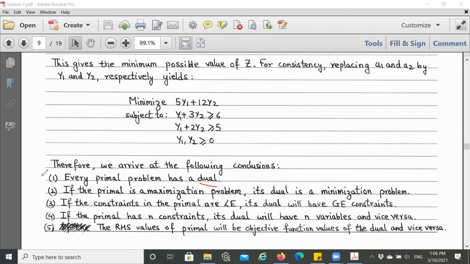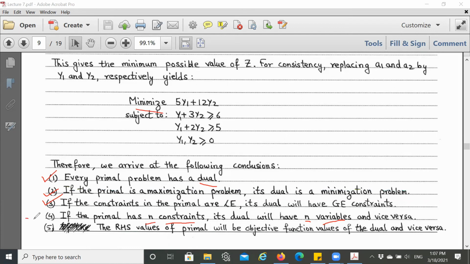Check. Second, if the primal is a maximization problem, the dual will be a minimization problem. We have seen that. Check. If the constraints in the primal are less than or equal to, then the dual is greater than or equal to. We even saw that. Check. Now, keep in mind, if the primal has n constraints, its dual will have n decision variables. Keep that in mind.